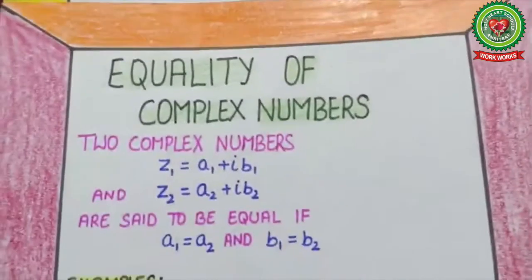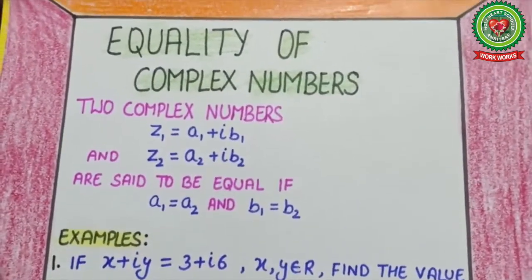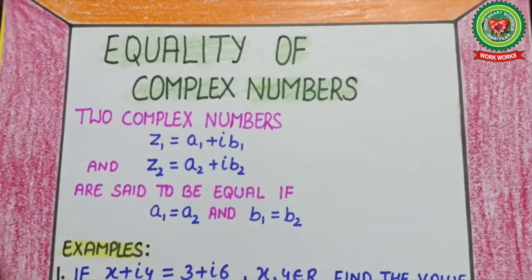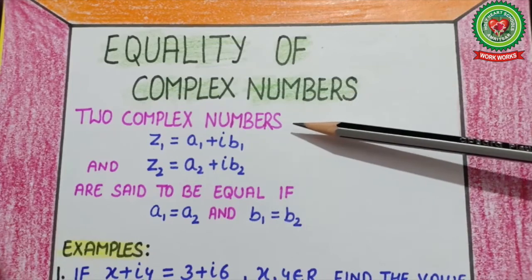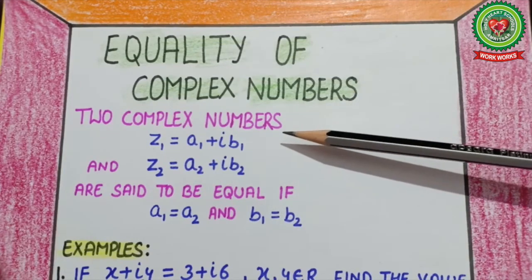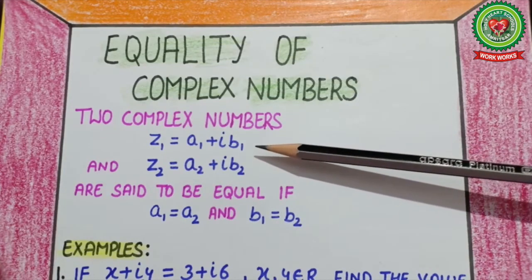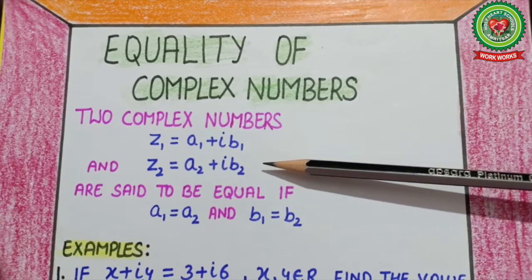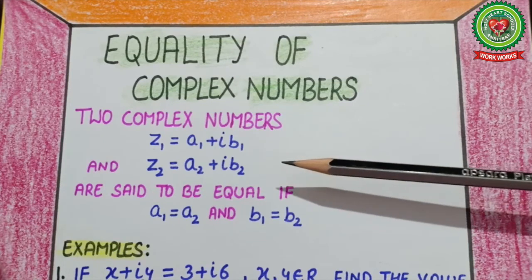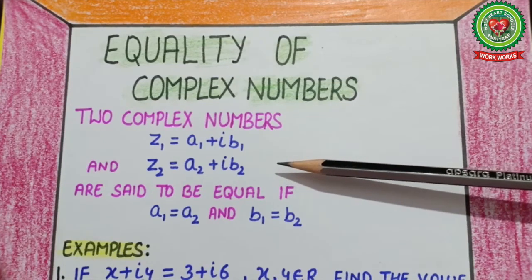Now second type is equality of complex numbers. So in equality we are going to take two complex numbers. First one is Z1 equals to A1 plus iota B1 and Z2 equals to A2 plus iota B2.